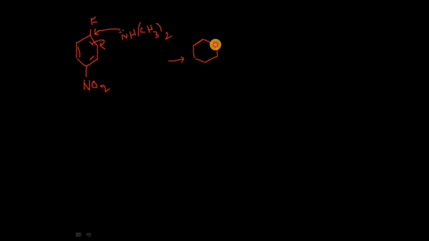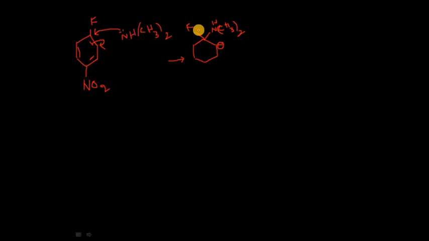So the result is that here we'll get a negative charge. Here fluorine, and to this we'll be getting nitrogen with 4 bonds. So here hydrogen, and we have CH3 twice. So nitrogen is now bearing 4 bonds, so it is positive.